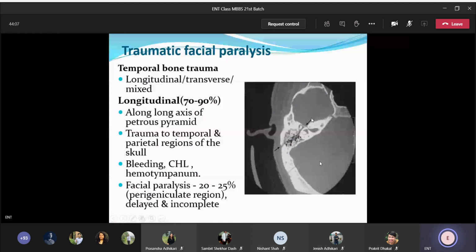This is the petrous pyramid. If the long axis of the fracture line runs along the long axis of the petrous pyramid, it is a longitudinal fracture. Trauma to temporal and parietal region of the skull.